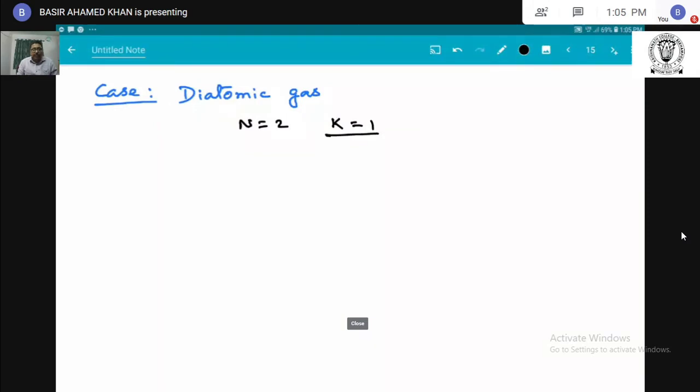Therefore, we get the degrees of freedom F equals 3n minus k. That means 3 into 2 minus 1, that means 6 minus 1 equals 5.